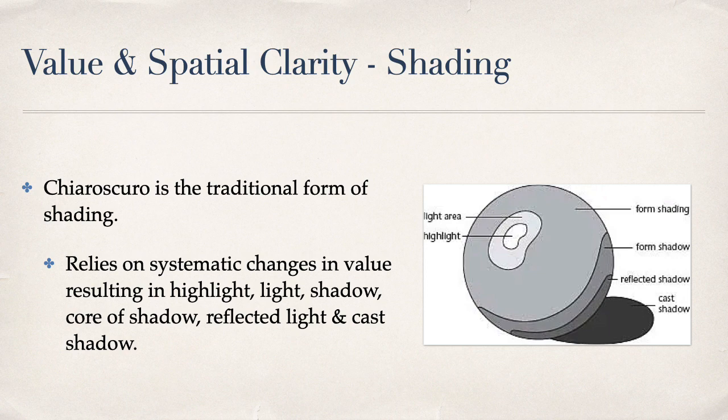Cast shadows are shadows thrown by the object onto an adjacent plane. The image shows the systematic changes in value. So you'll notice the light area, the highlight, the form shading, the form shadow, the reflected shadow, and the cast shadow.